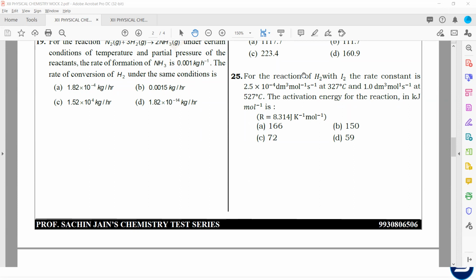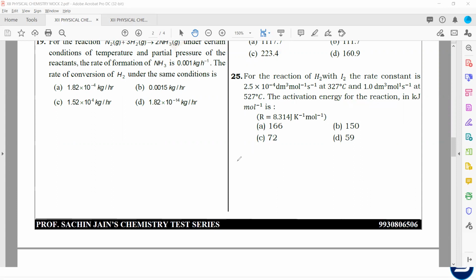So now for the reaction of H2 with I2, the rate constant is given at 327 and 527 degrees Celsius. Activation energy for the reaction in kilojoule per mole is asked. Which formula do we use? The Arrhenius equation.